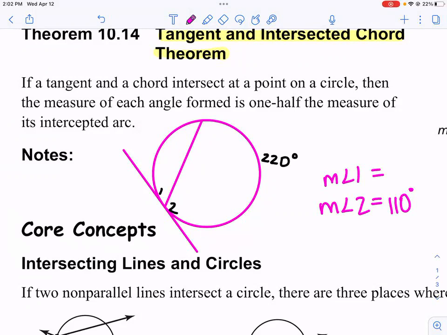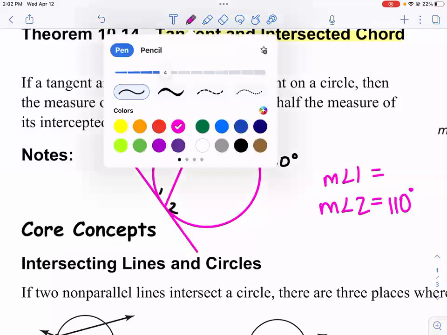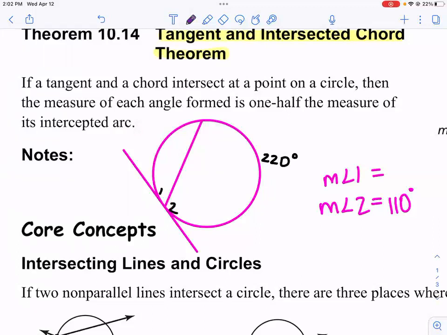Or we can say these 2 arcs should add up to be 360. So I know that this arc right here is 140, and half of that is 70.